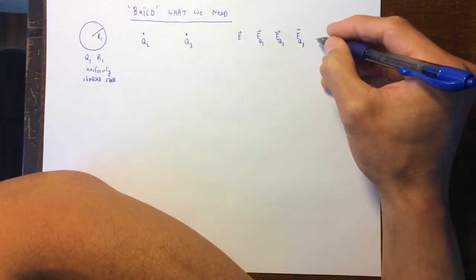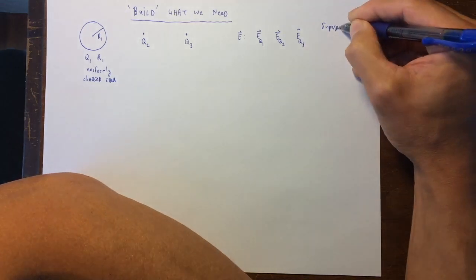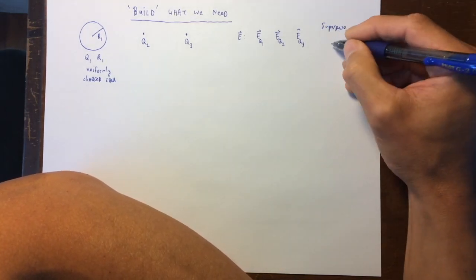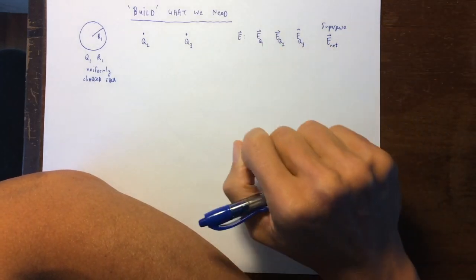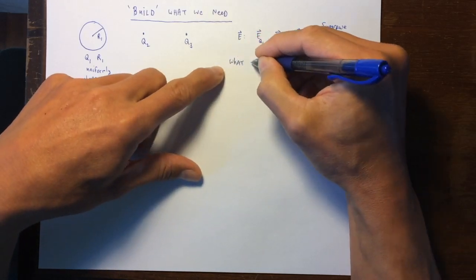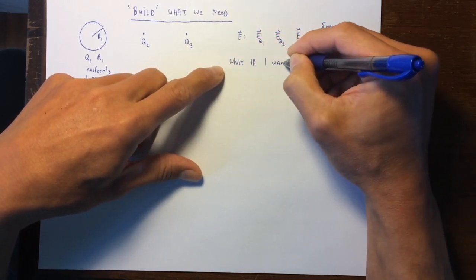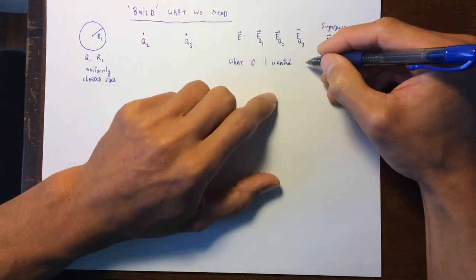And these three things you could superpose. And what you would get is the net electric field because of all three charges. But what if I wanted to know the following thing?